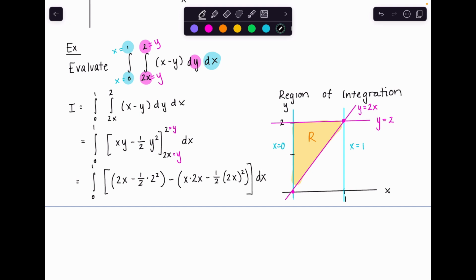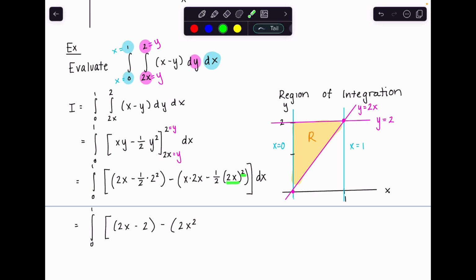And then once I clean this up, I'm left with just an integral dealing with x that I can go through and solve. So I definitely need to do some algebra to make this simpler to integrate. This is 2x. 2 squared divided by 2 just gives you a 2. And then here, this is minus 2x squared.